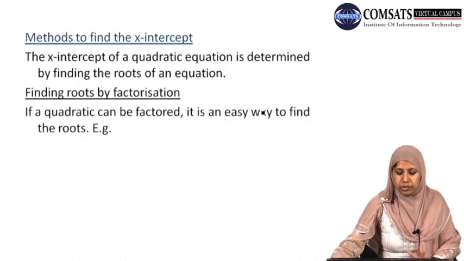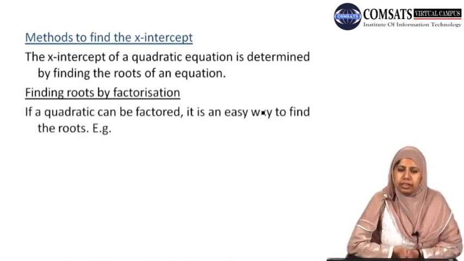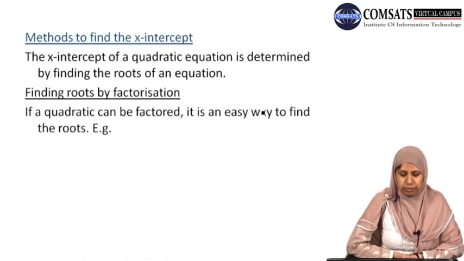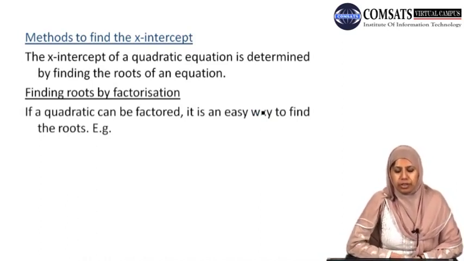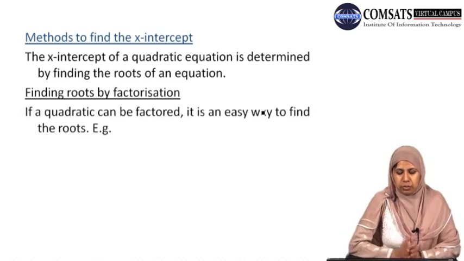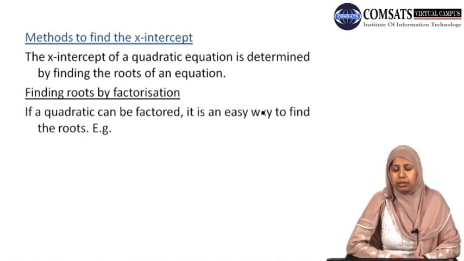Now the question is how we can find these intercepts if they exist. The x-intercept of a quadratic function or a quadratic equation is determined by finding the roots of an equation.